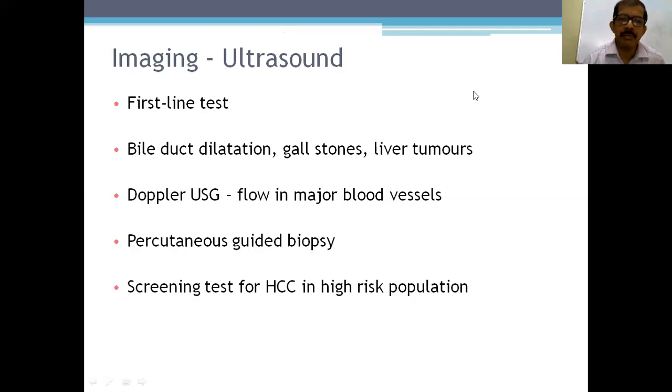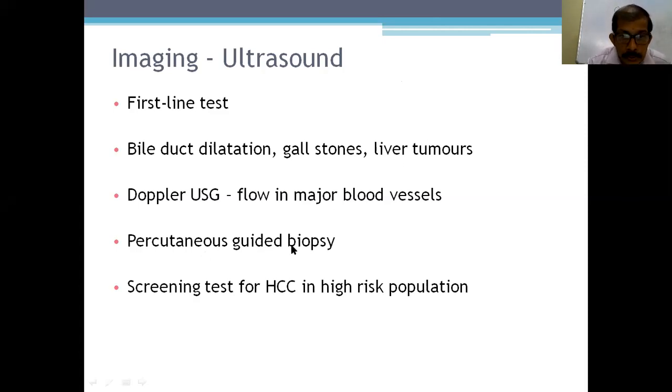So many needles are coming. But mainly two needles. So either Sheba needle or Menghini needle, both are correct.